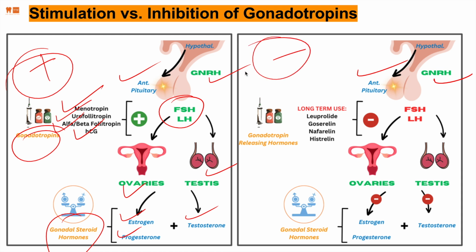What about inhibiting? FSH normally goes, and all of these pathways are blocked. We already talked about them. But why? Because of long-term use of gonadotropin releasing hormones, oversaturation of the anterior pituitary done by leuprolide, goserelin, nafarelin, and histrelin. Perfect. So far so clear, guys?